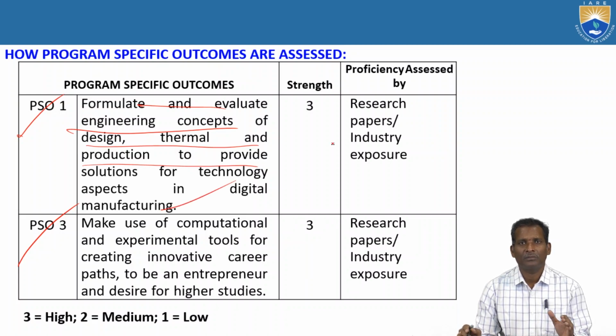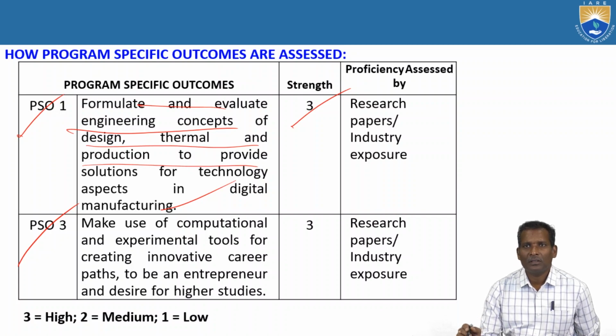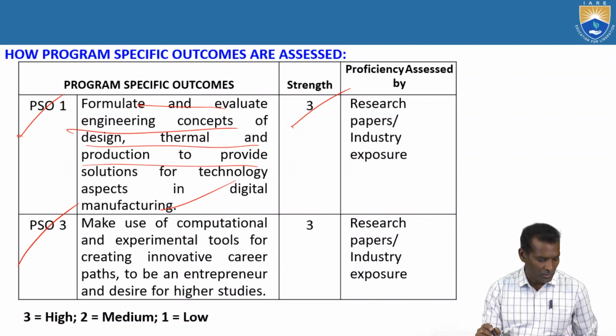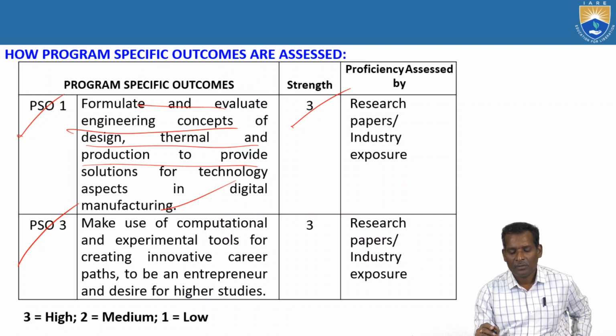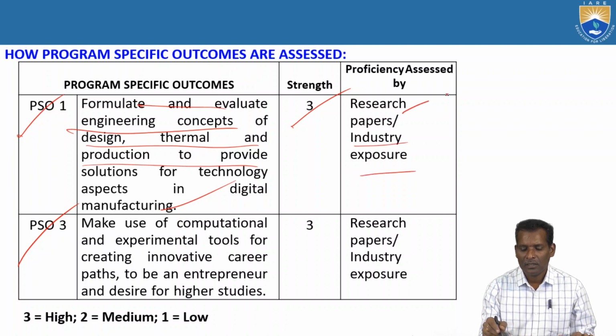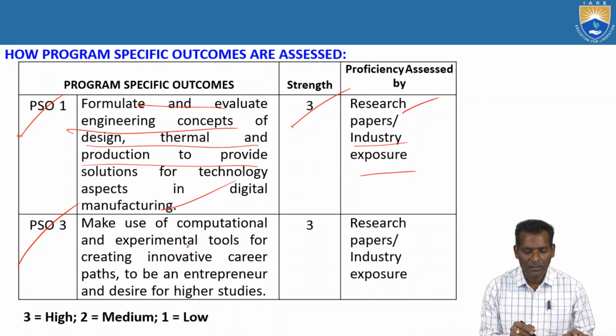This PSO is related to the particular program. The strength given is 3, and we will assess proficiency by using research papers and industry exposure. Industry exposure is important.